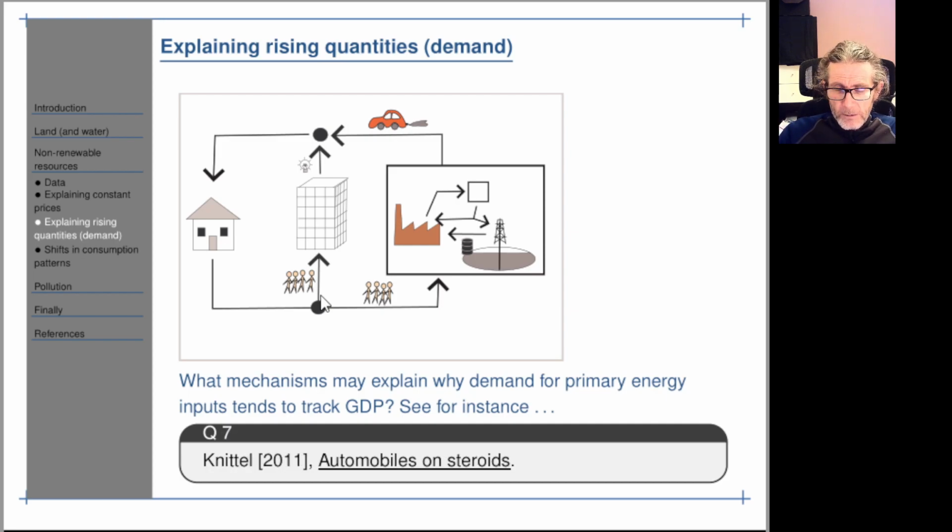Knittel is about the way that cars have got in the US, the technology has improved, making them more fuel efficient, but at the same time, people have chosen heavier and heavier and more powerful cars. So that is an illustration of this effect, that as cars have got cheaper, people in the US anyway have chosen bigger and bigger, heavier and heavier, more and more powerful cars.